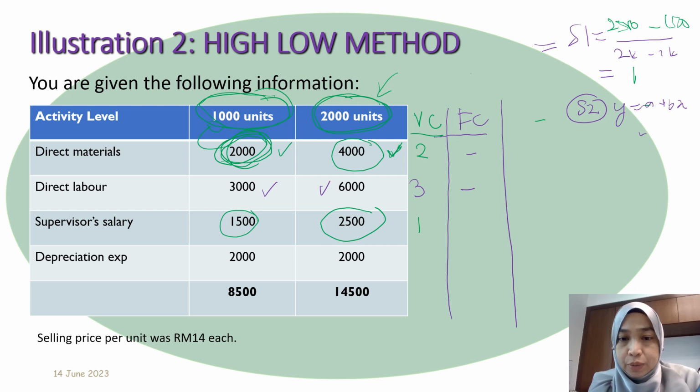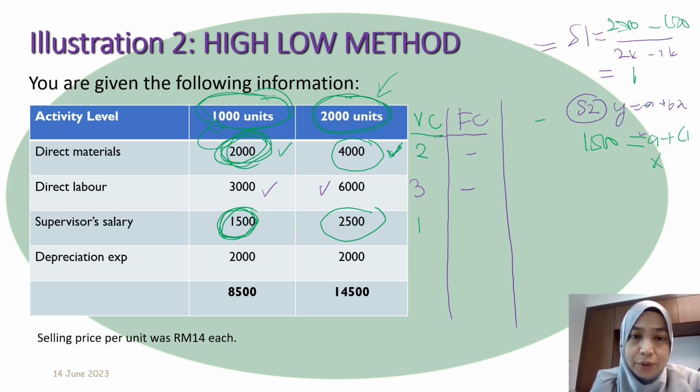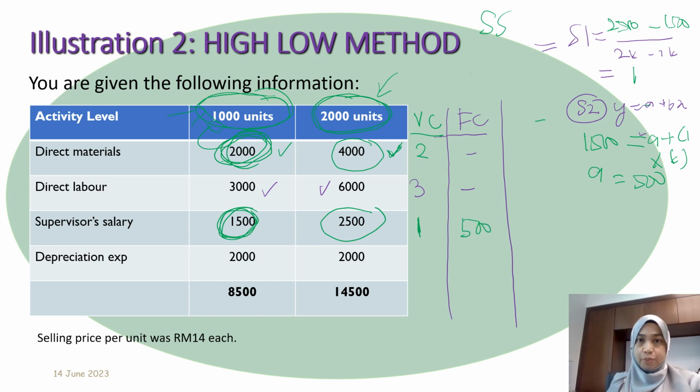Okay, so if you take y equivalent to 1500 ringgit, this is equivalent to a plus b, 1 ringgit multiplied by x, which must equal 1000. So when you solve this equation, a is equivalent to 500. So that means when you do the first step for supervisor salary, you get 1 ringgit, and the second step 500. That means you have a value for both. Because of that, supervisor salary in this case is considered as mixed cost.